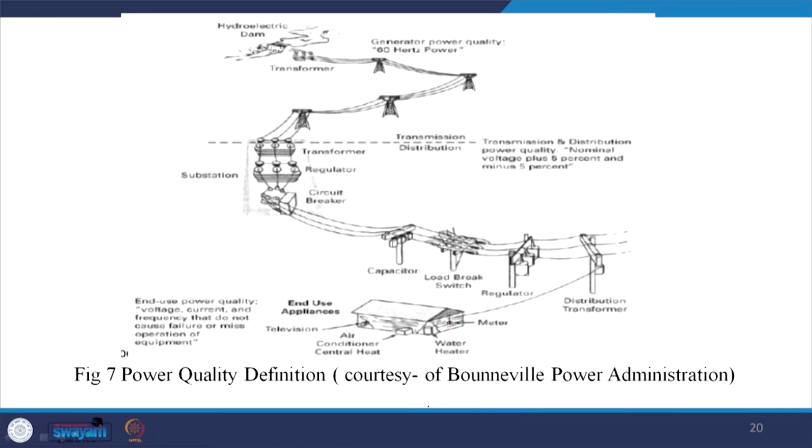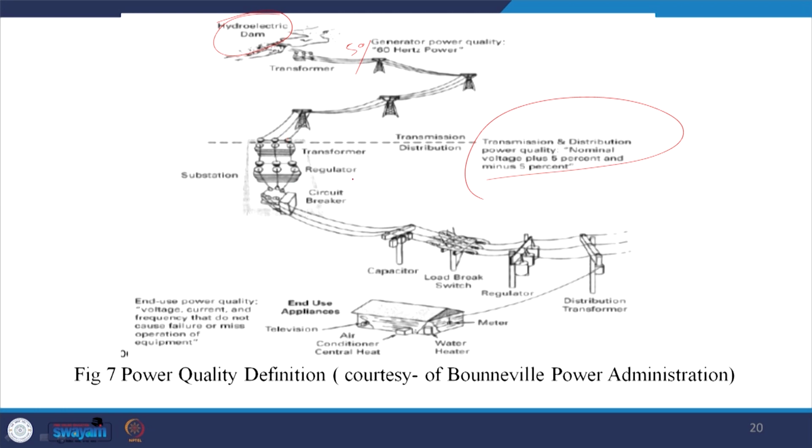This is the power quality definition, and now how power flows and how power gets contaminated. We have taken an ideal power example, with an ideal power source. It can be 50 or 60 hertz, and from the transformer it comes through the transmission and distribution system, where nominal voltage plus or minus 5% is available to you.